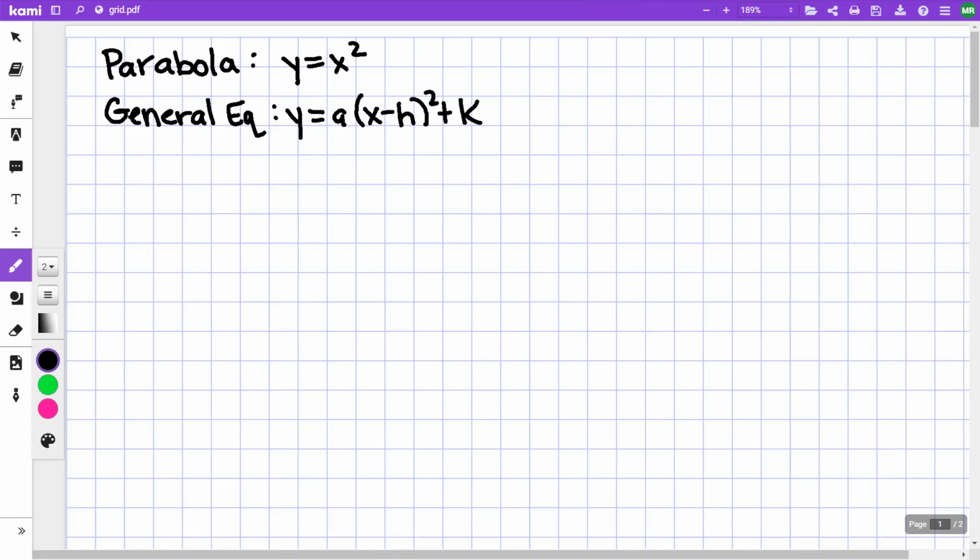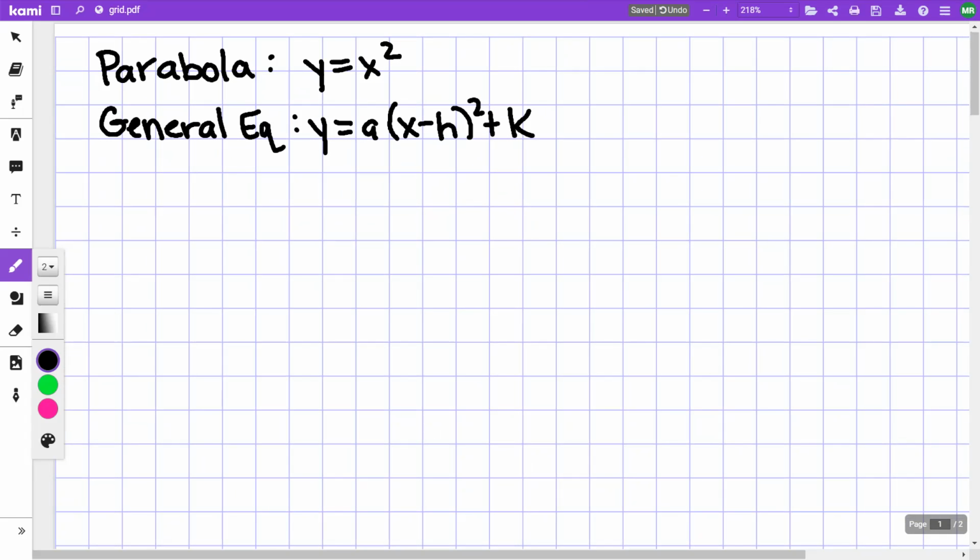Again, for those of us doing our notes in our comp book, do it on the lined part. All the writing, we'll do the graph on the graph part. Our vertex is going to be h comma k.